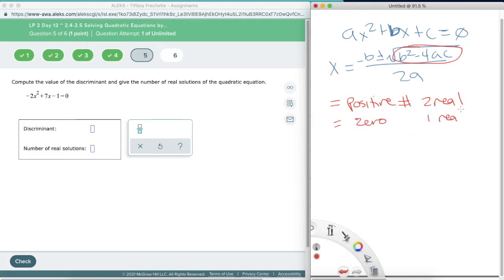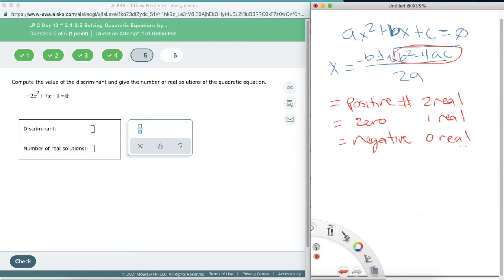If it's a negative number, and remember that means that this is under a square root sign, so if we have a negative number under a square root sign, just like we were learning a few weeks ago, that's an imaginary number because we can't really have the square root of a negative number. It doesn't make sense if we think about how it got there. It would have to be a number times itself, which is either both positive or both negative. You can't end up with a negative number. So that's why we have this imaginary number to deal with that situation. But in this case, we're just saying that that's 0 real answers.